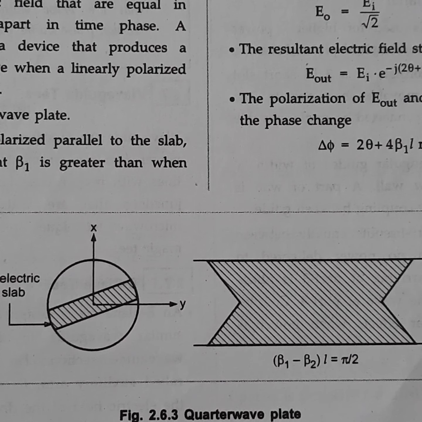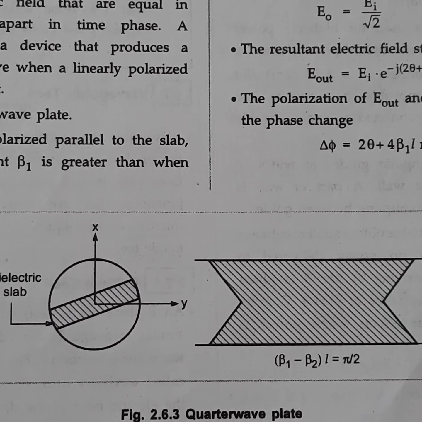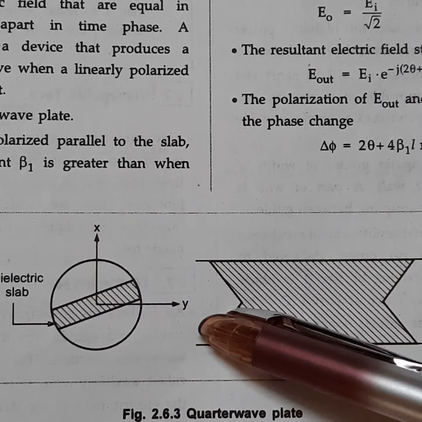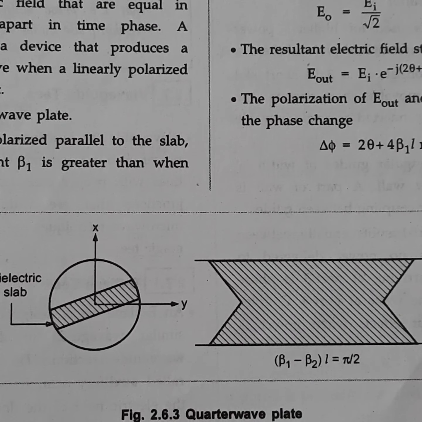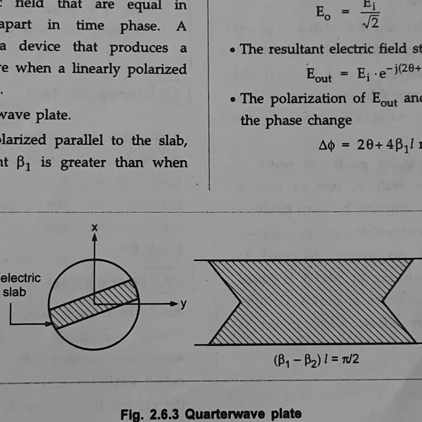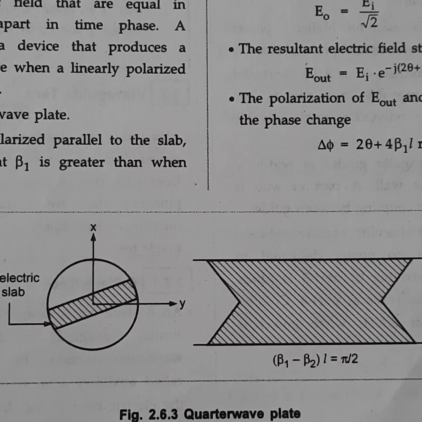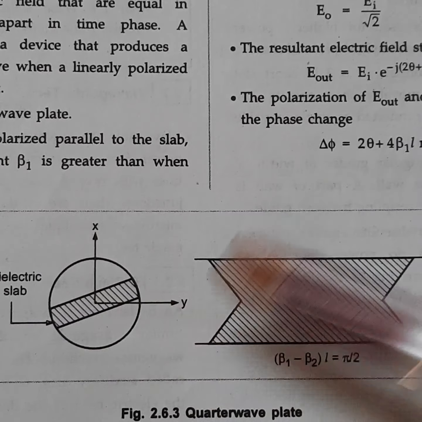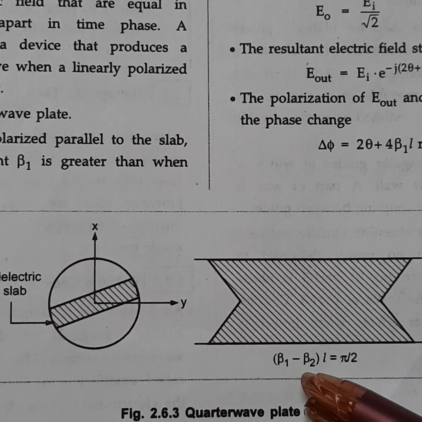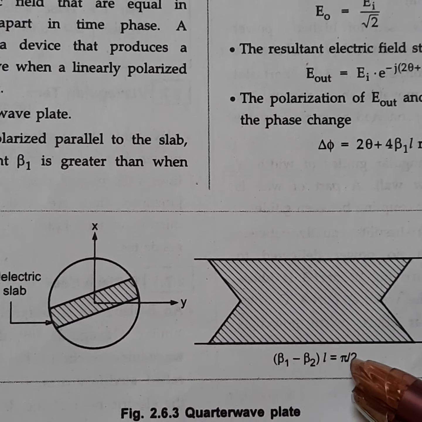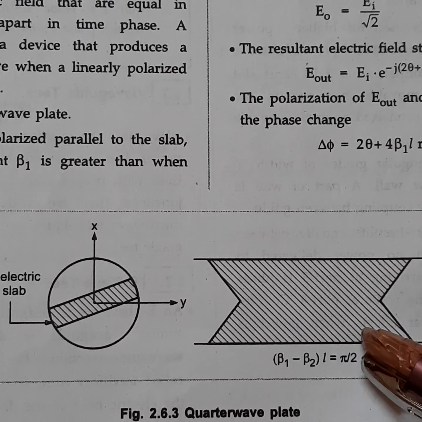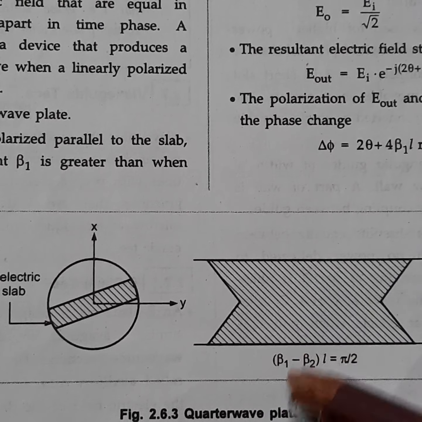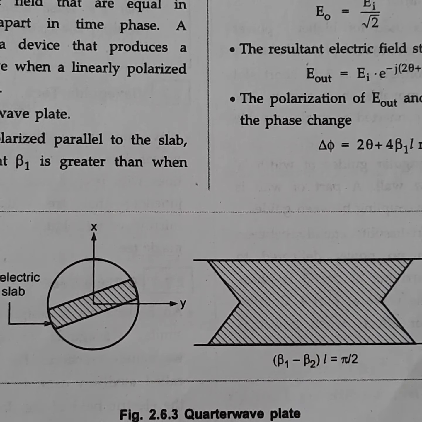A circularly polarized field has x and y components of the electric field which are equal in magnitude but 90 degrees apart in time phase. So here (beta 1 minus beta 2) into L is equal to pi by 2, that is 90 degrees, so beta 1 should always be greater than beta 2.